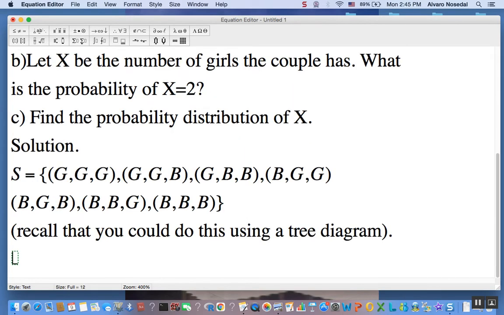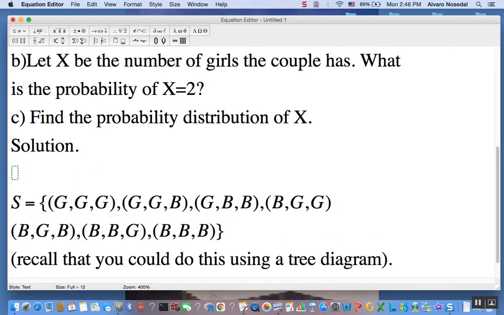So now X represents the number of girls the couple has. And once we have defined that event, because remember that an event is a subset of the sample space, and in a minute we're going to see how that event is formed, we are going to find the probability of X being equal to 2, meaning that this particular couple has 2 girls. Okay?